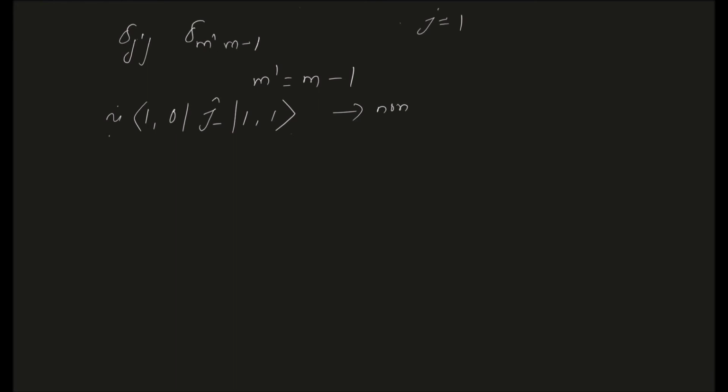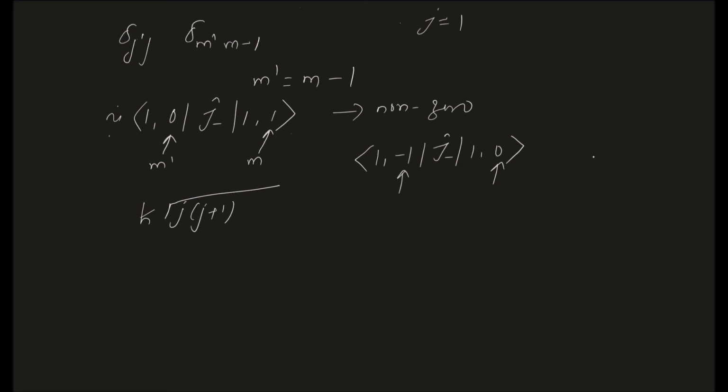This will be a non-zero element, because M prime is M minus 1 in this particular condition. Similarly, you can have a non-zero element for <1 -1|J minus|1 0>. You can see that M prime is M minus 1. So we have non-zero elements only for these two conditions. Now the magnitude of these non-zero elements is given by h cross into square root of J into J plus 1 minus M into M minus 1.